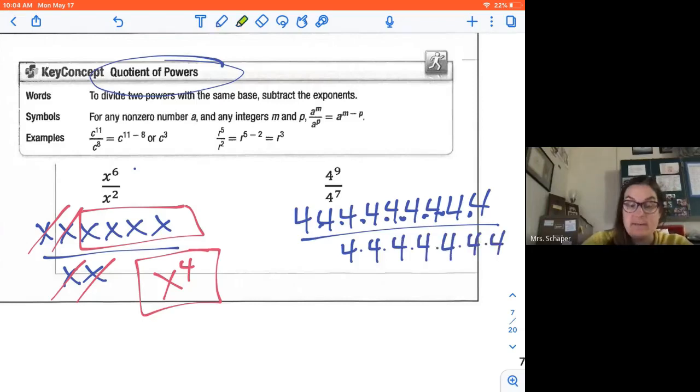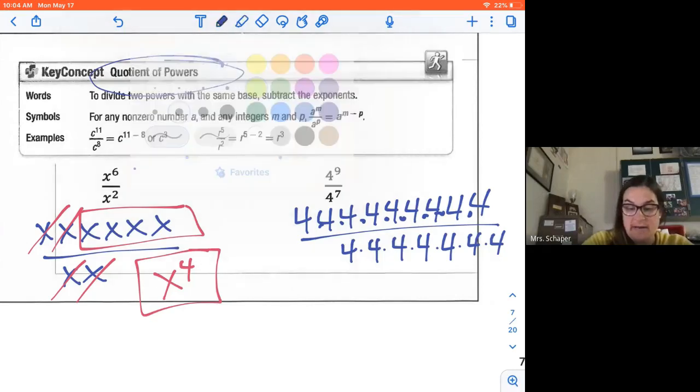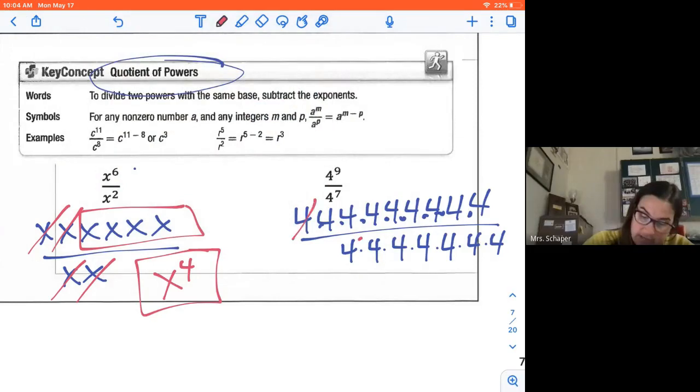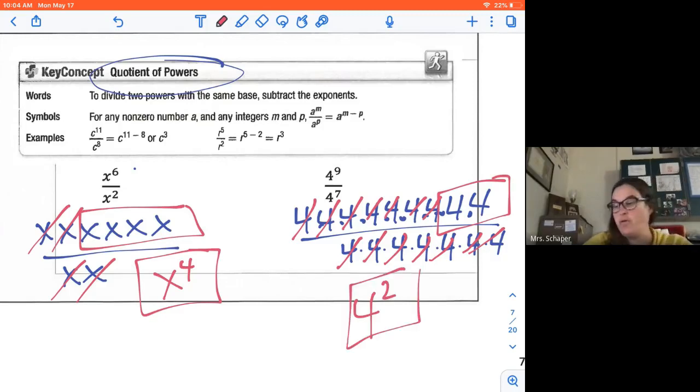And I can do the same thing. I can cancel out the like terms in each of them. So when I do that, this one cancels out, cancels out, cancels out. So what I'm doing is canceling out till I have 2 left in the numerator. So 4 squared is going to be my answer.